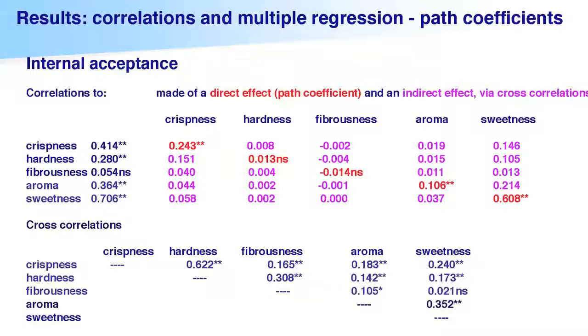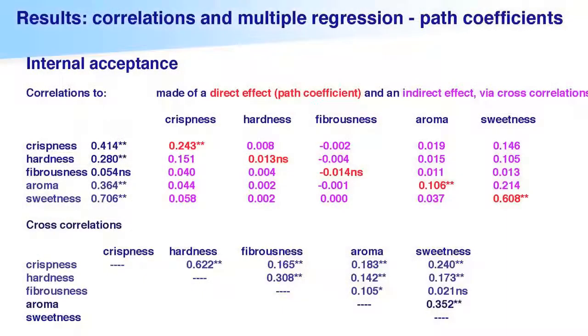So the perception of aroma had a positive impact on internal acceptance, but you see that the direct effect is very, very small. The perception of sweetness enhances the perception of aroma. So sweetness is also important as an indirect determinant of acceptance.